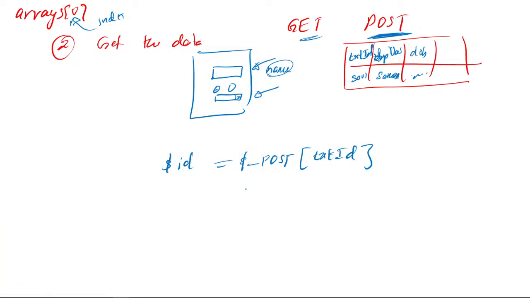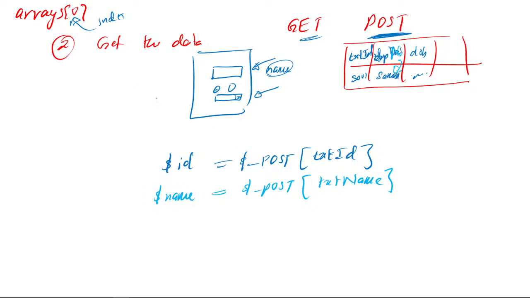Likewise, whatever is available in the txt name index, which is the name, is assigned to a variable called name.